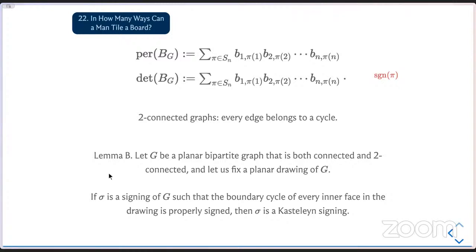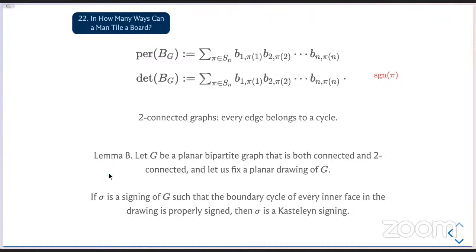Apart from that, to make certain parity arguments, it also uses Euler's formula for planar graphs. There are a few steps in this proof, but it's nothing crazy. It's almost along expected lines, but there are some clever parity arguments to be made.